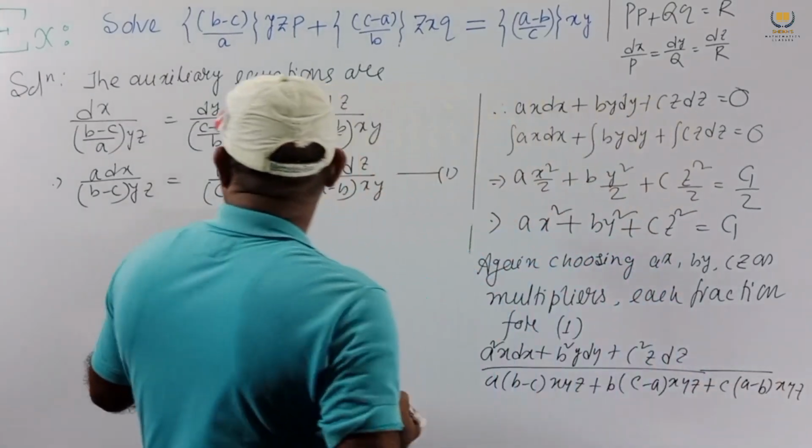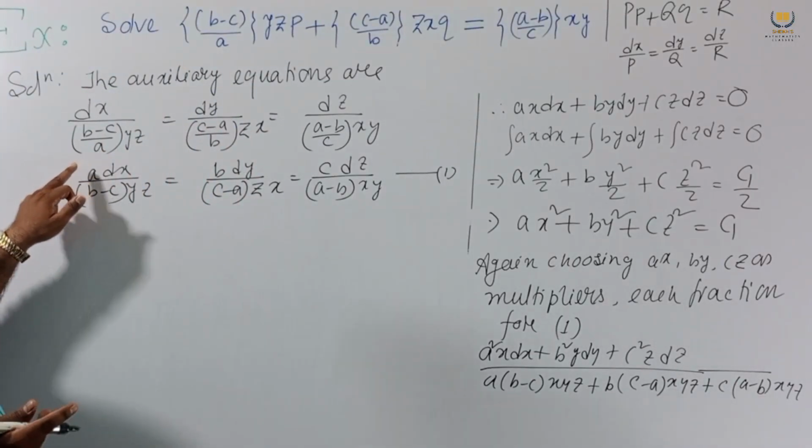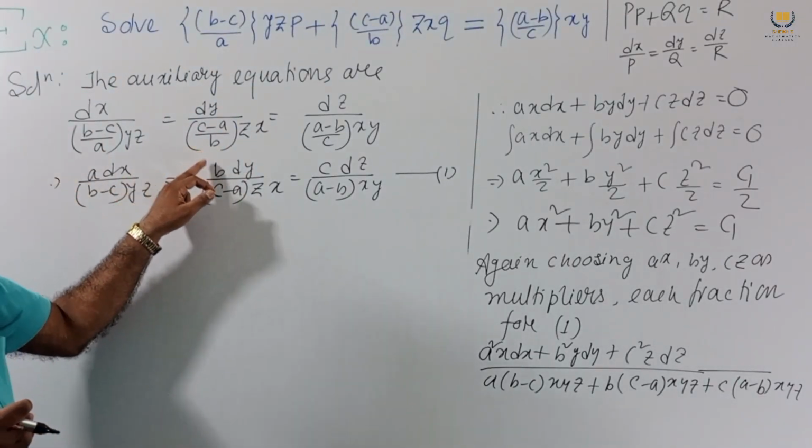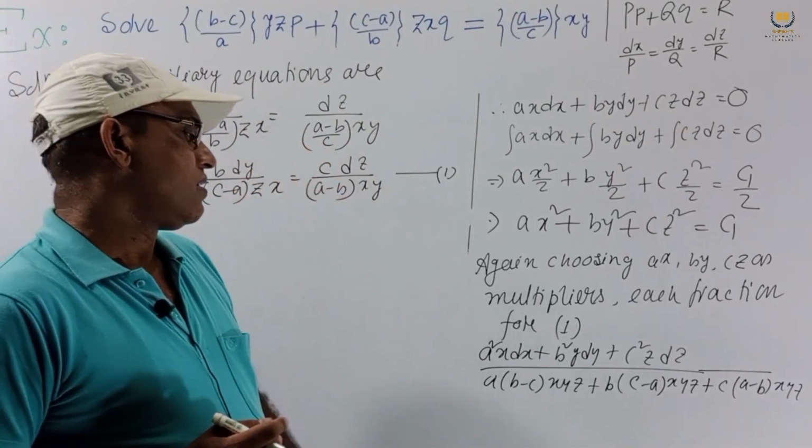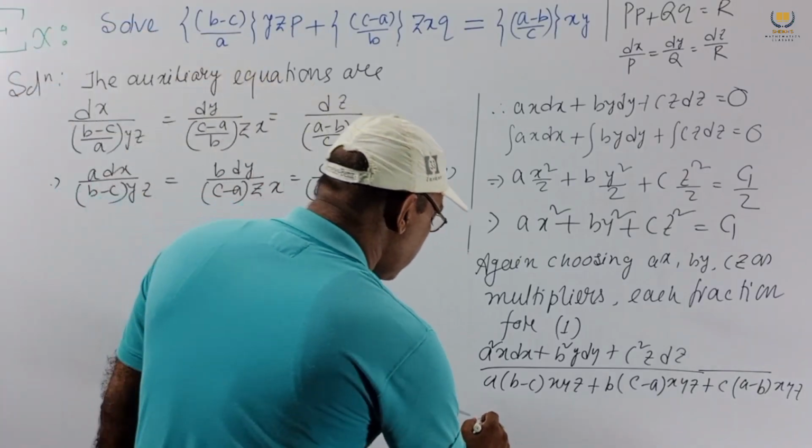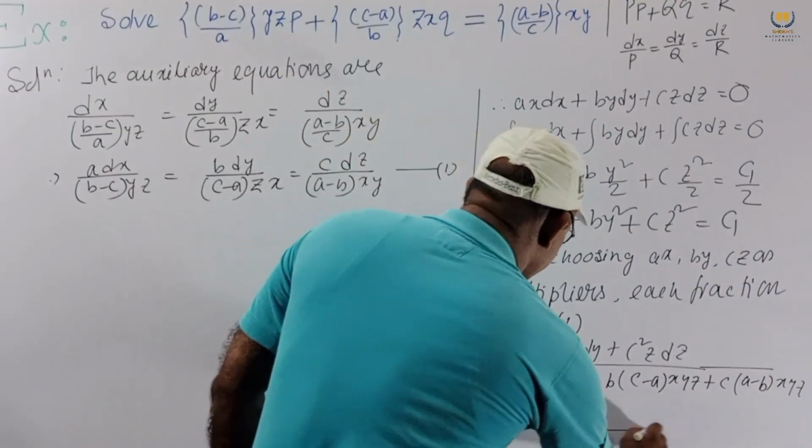That means we multiplied numerator and denominator by ax, by, cz.